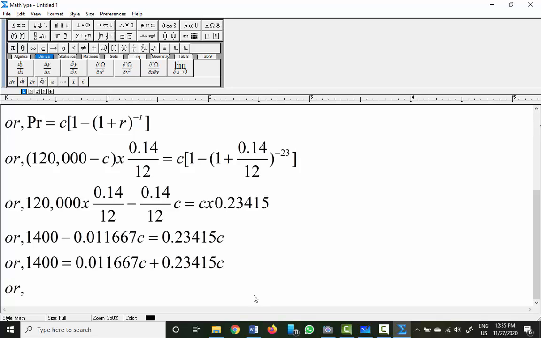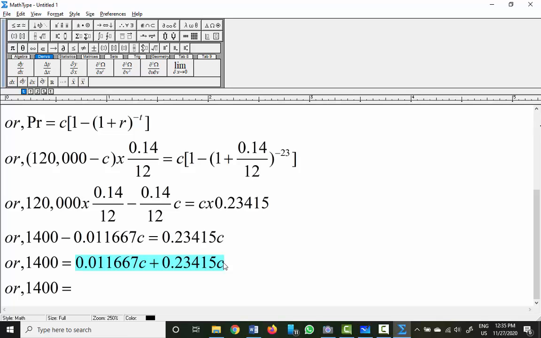So 1400 is equal to, let us add these two: 0.011667 plus 0.23415.